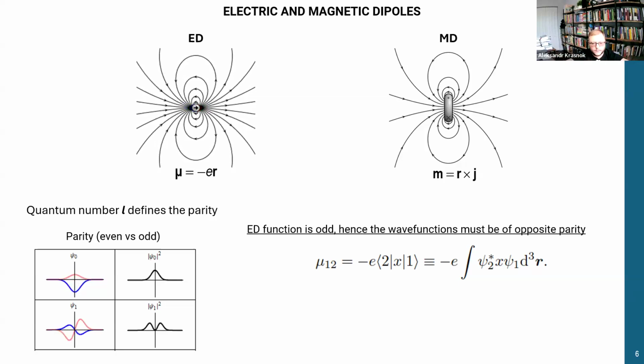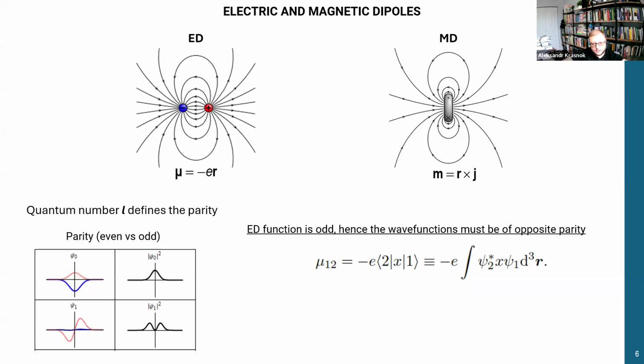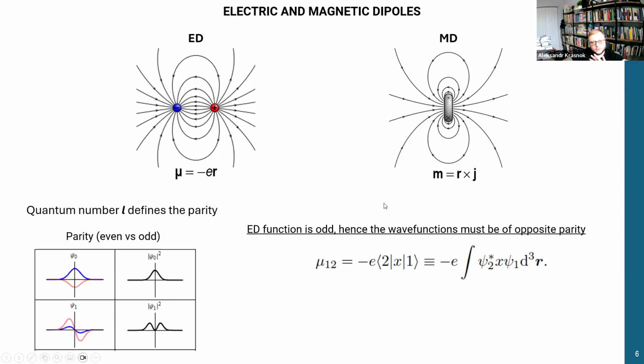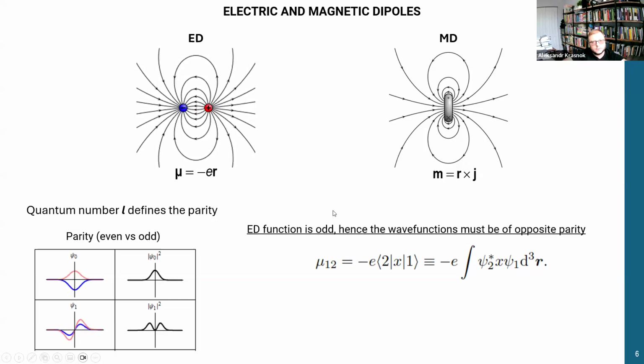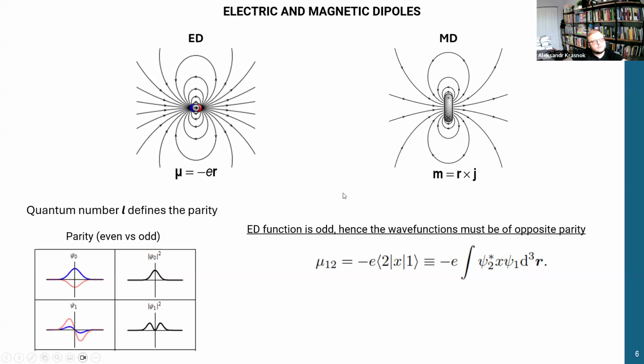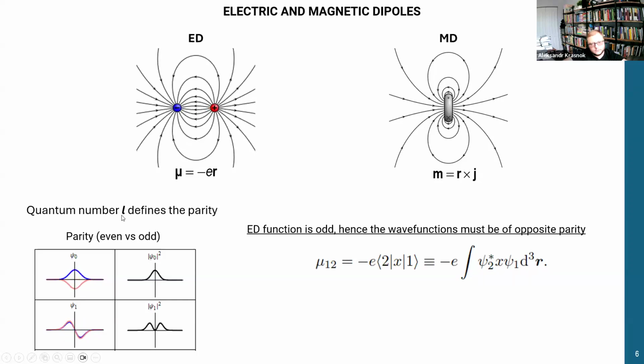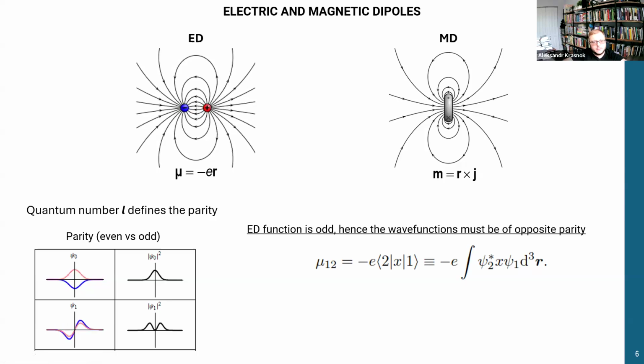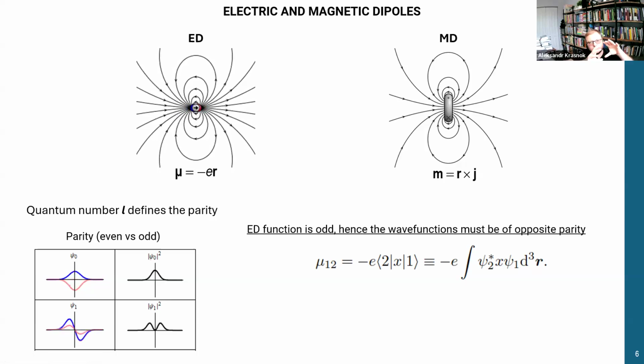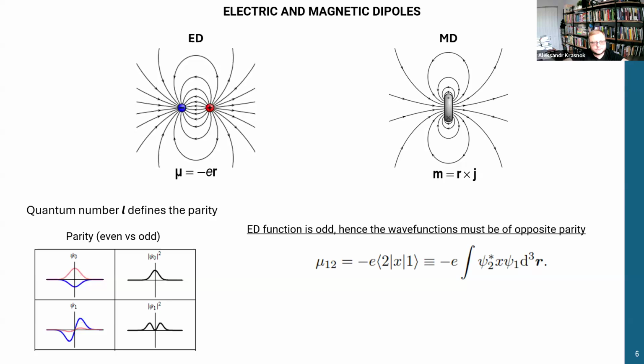And quite often, the parity of a quantum system is defined by the quantum number L. The L defines parity, meaning that quantum states of different L are different in parity.